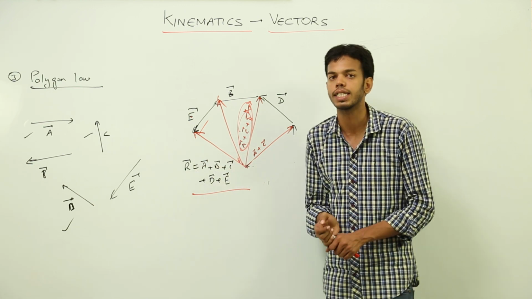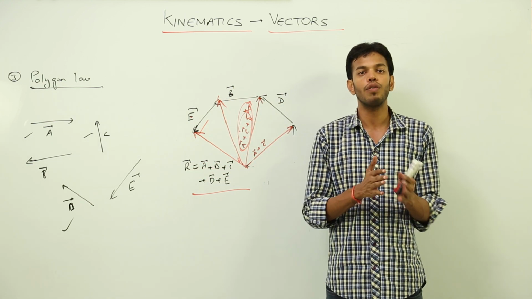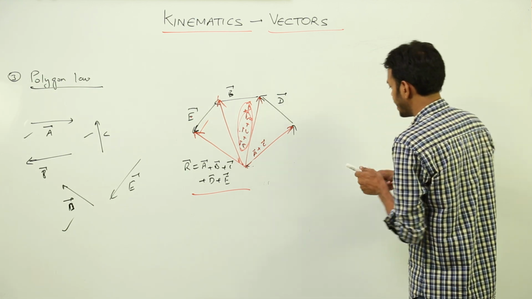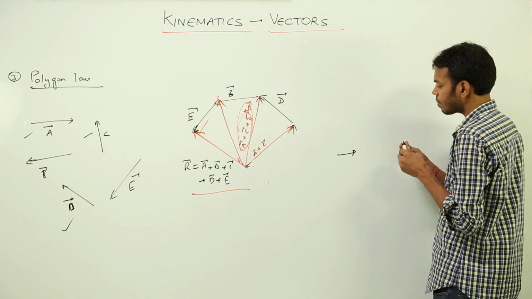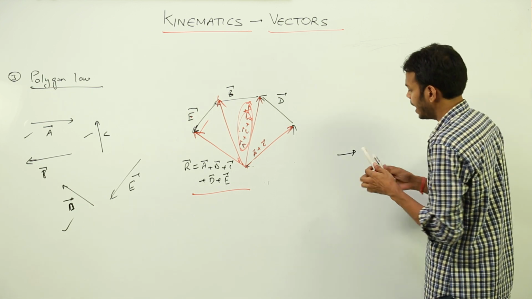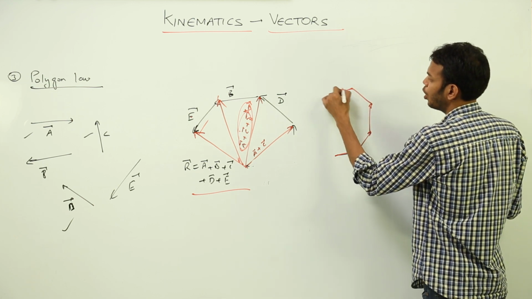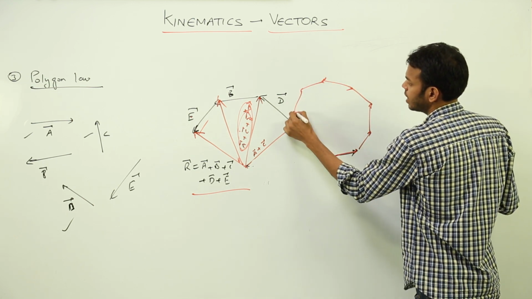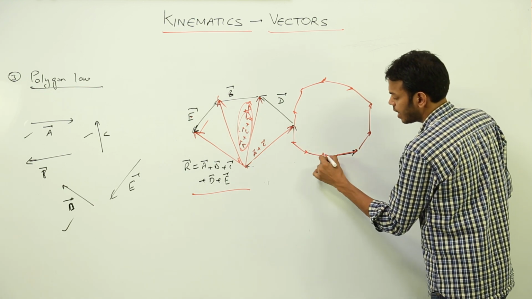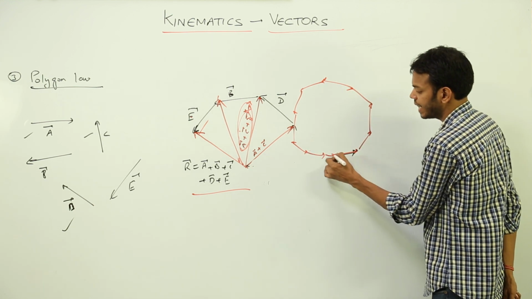One very important point here is that if we have more than 10 or 20 vectors, if the value of n is very large, the resultant will always be equal to 0, because if I keep on taking n number of vectors like this and the number of vectors is very large, somewhere the chain will be completed, the whole cycle will be completed, so you won't be left with anything in the last.